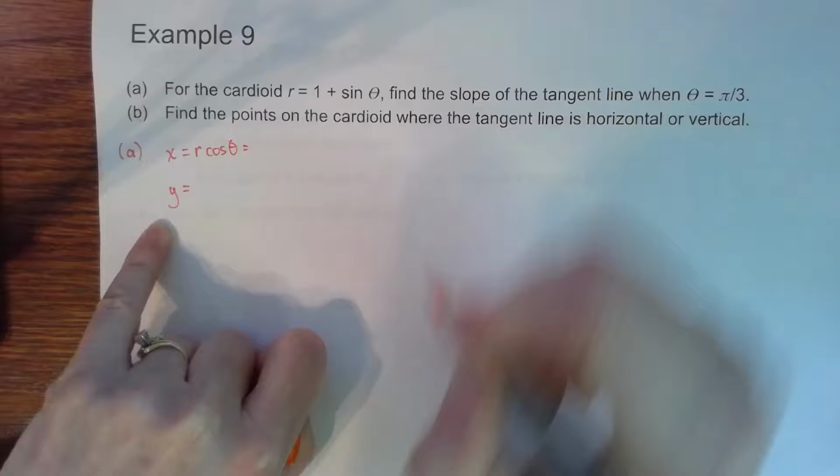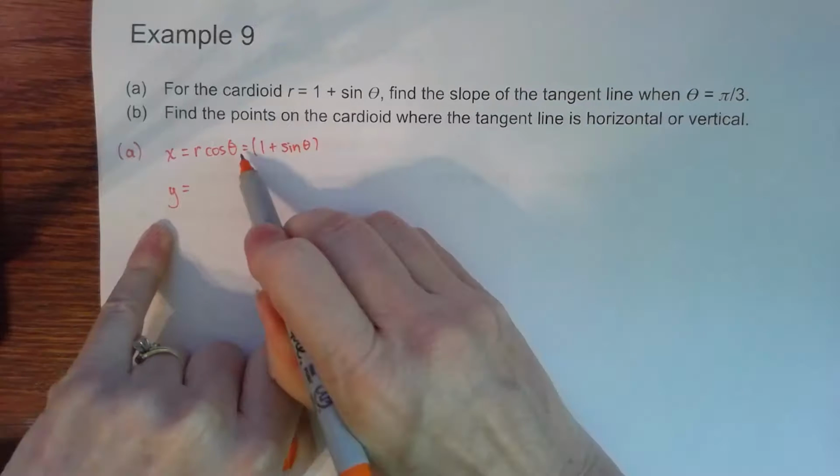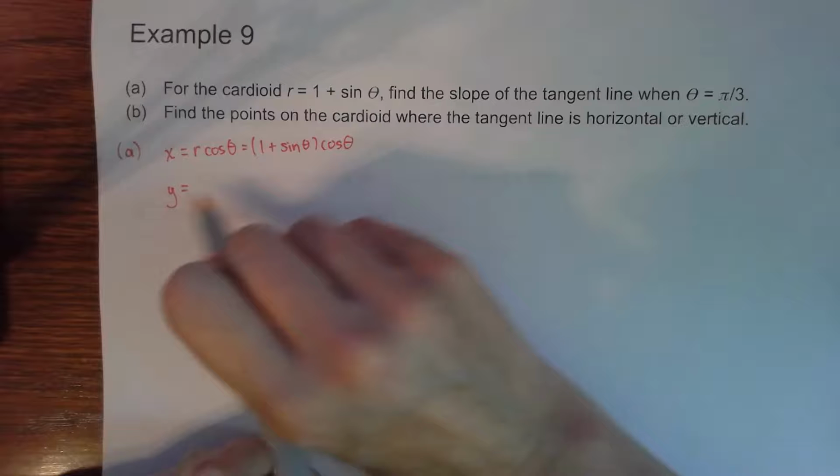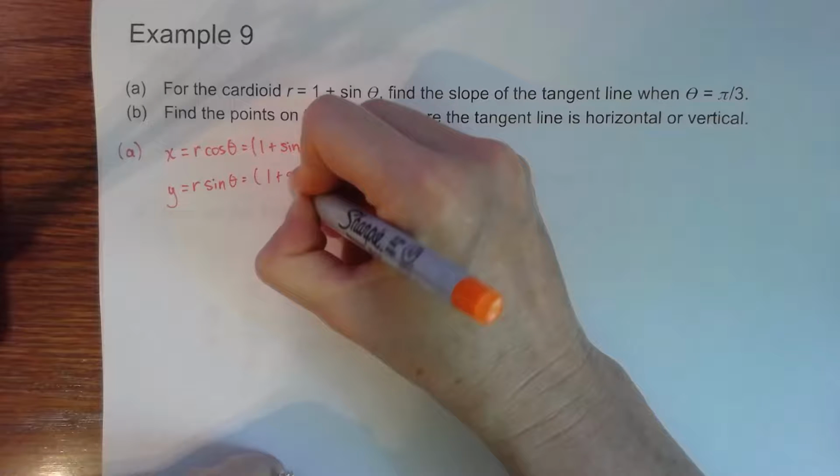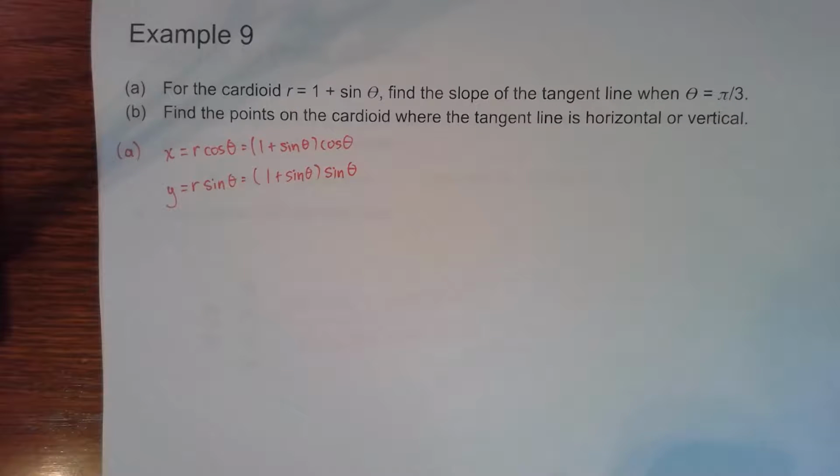In this case, r is 1 plus sine theta, and then times cosine of theta. So that is our equation for x. Then our y is going to be r sine theta. Again, r is 1 plus sine theta, and then this time we're going to multiply that by sine theta.